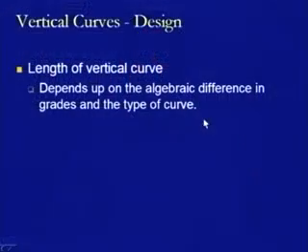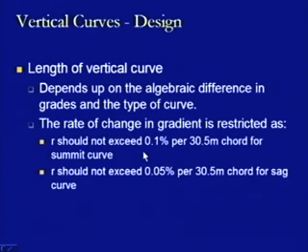Now, here we are looking at the length of the vertical curve. This length depends on the algebraic difference in the grades as well as the type of the curve. These are the two factors which are going to govern the length of the vertical curve. Another thing which will have an effect is the rate of change in gradient, which is defined as a small r as written here.